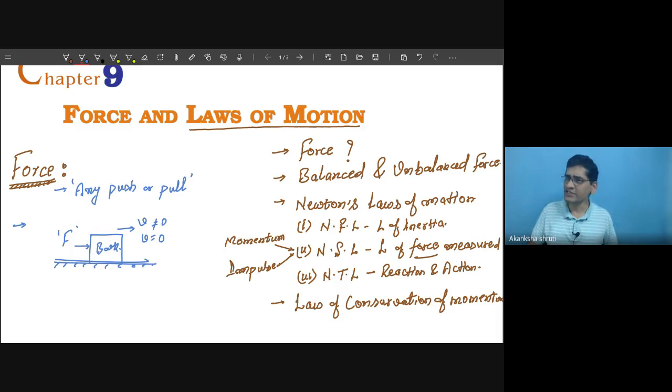In this situation it is tending to change the state, because if the push is increased, this object will start moving. So in this case the state is changed. The initial state was rest, and it has gone to motion. Rest and motion are the states.